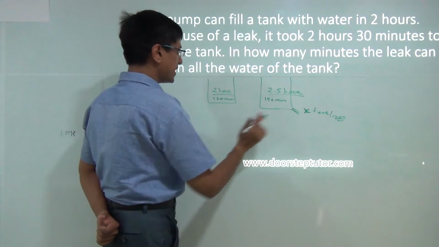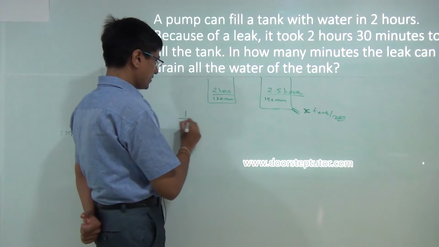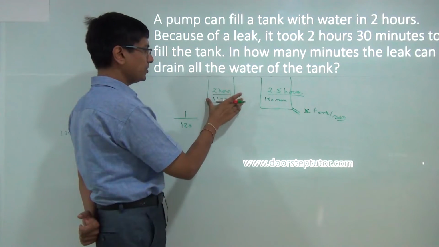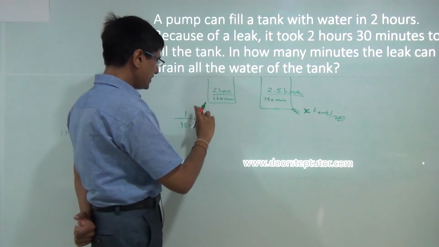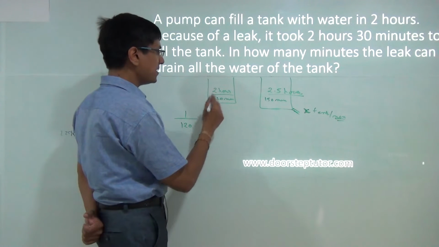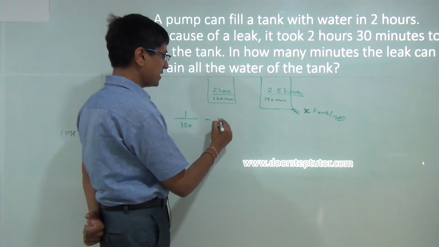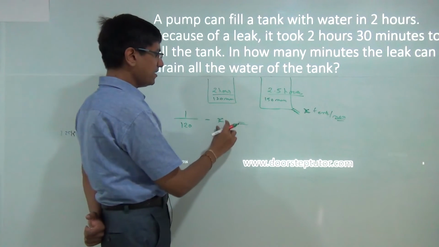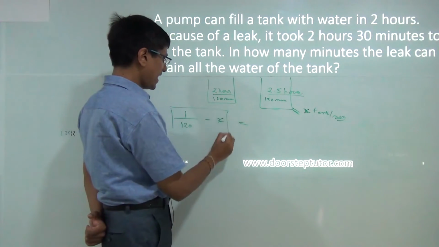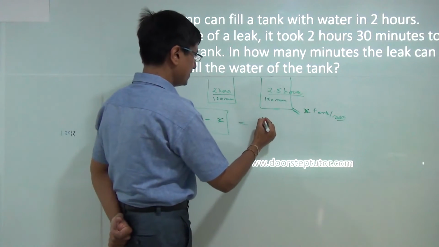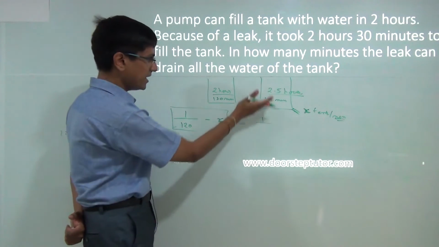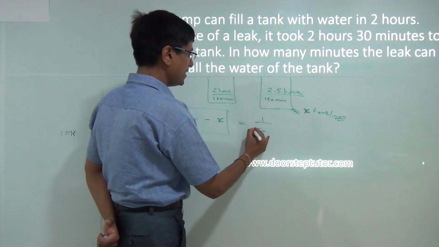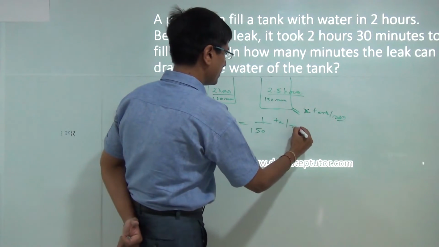So if I use algebra, what can I write? In the ideal case, the rate of the pump is 1 by 120 tank per minute. However, the rate of this drain is x tank per minute. If I subtract these two, the net rate, if they are working together, the pump and the leak, comes to be 1 by 150 tank per minute.